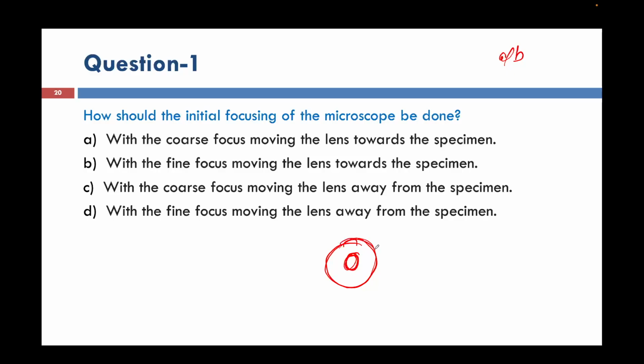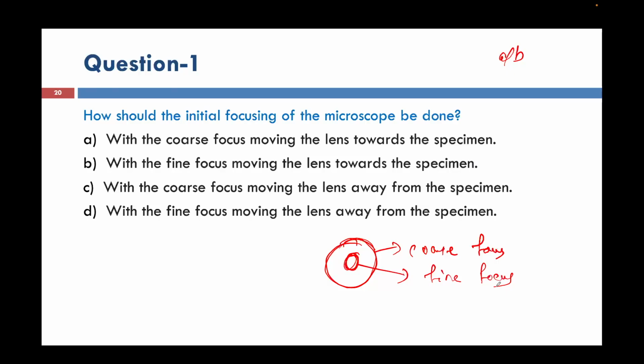First we rotate this one, which gives us the coarse focus, and then this one gives us the fine focus. The options are: with the coarse focus moving the lens towards the specimen, and with the fine focus moving the lens towards the specimen, the coarse focus moving the lens away from the specimen with the fine focus.